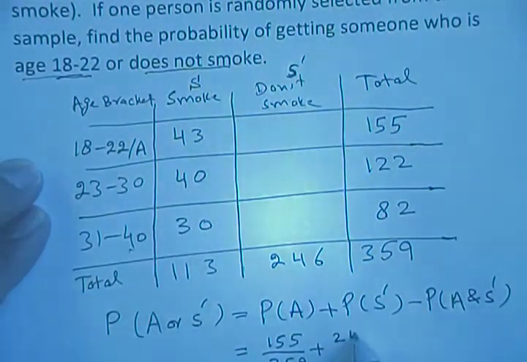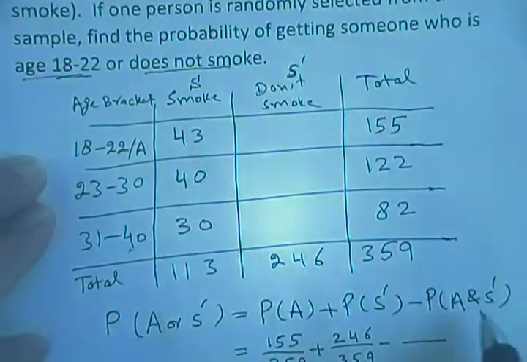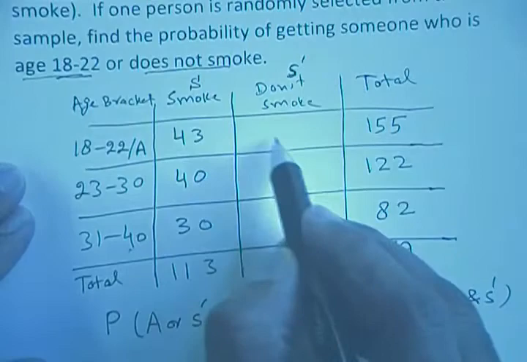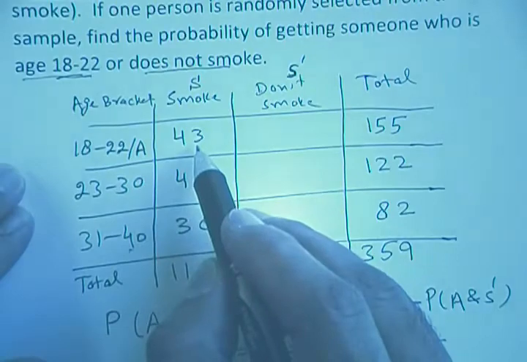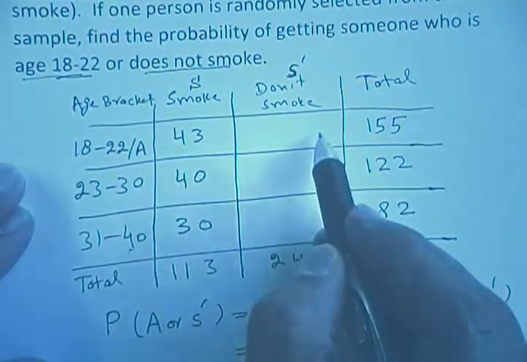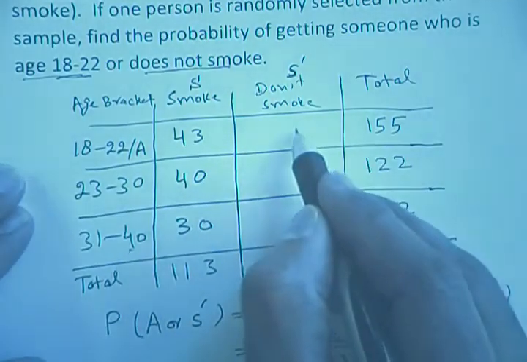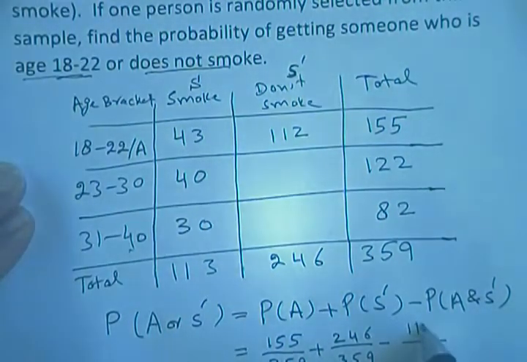So 246 out of 359, minus the people who are in age group 18 to 22 and don't smoke. So we have to figure this out. Out of 155, 43 smoke, so the remaining don't smoke. 155 minus 43 equals 112. So put in there 112 out of 359.